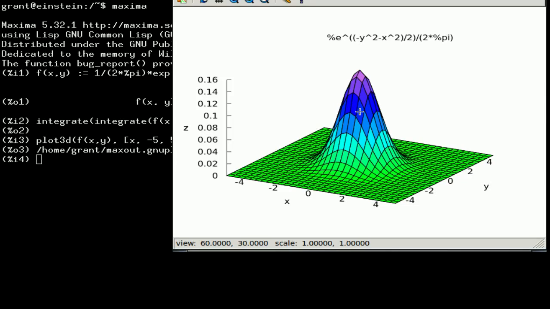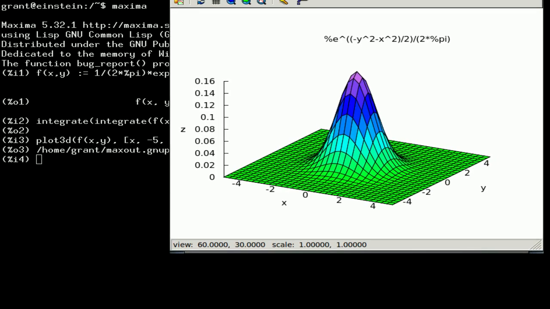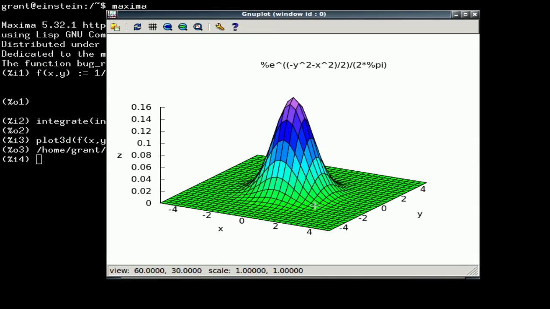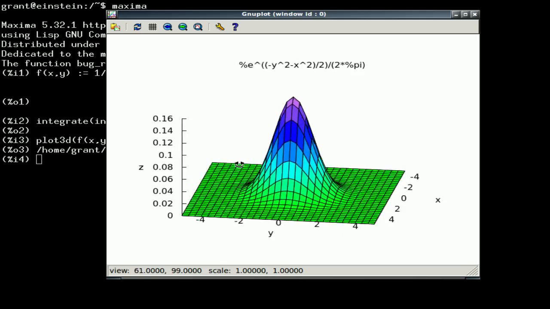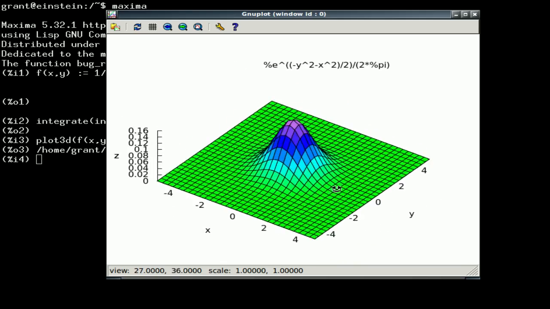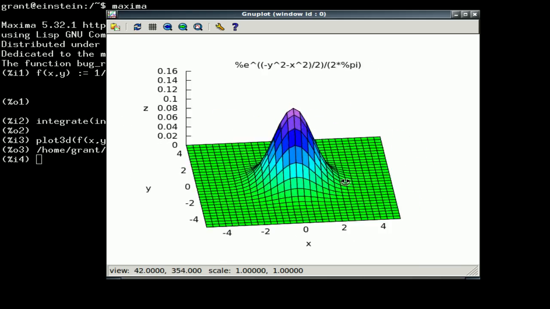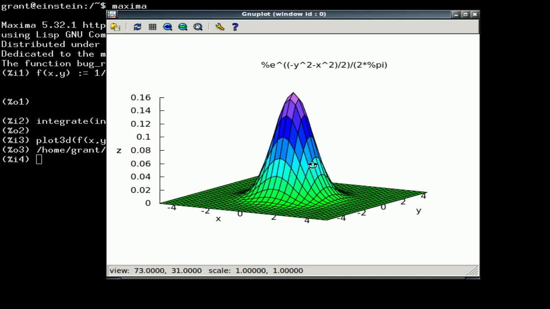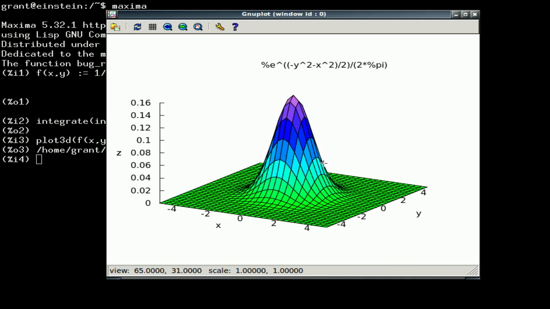Maxima gives us a graph, and we see that we have something that looks like a bell-shaped curve, but actually it's more like a bell-shaped bump, with this symmetry to it all the way around. This thing just looks like a mountain peak that then tapers off in each direction.